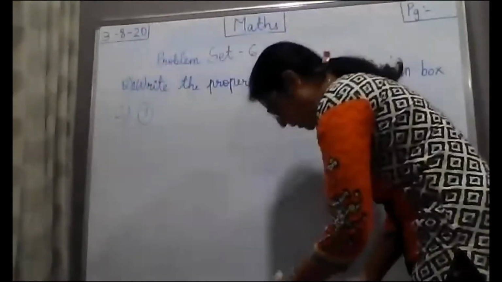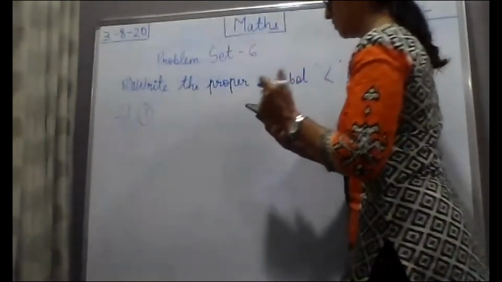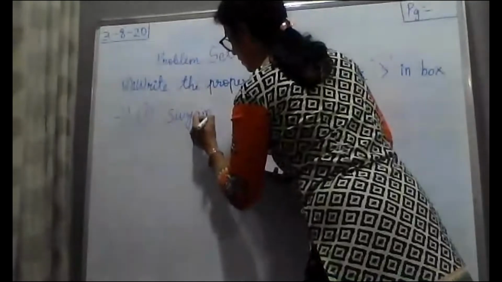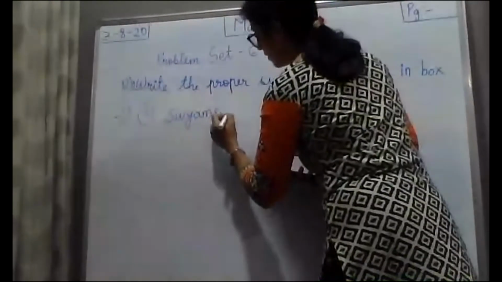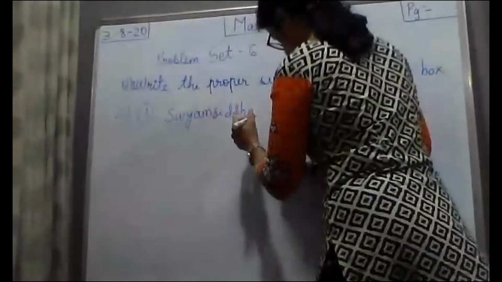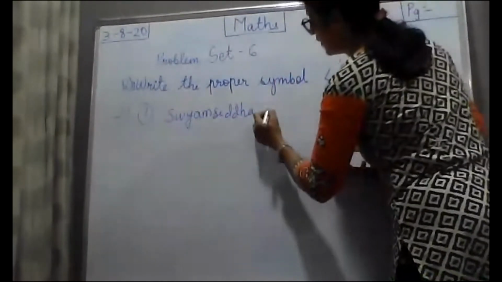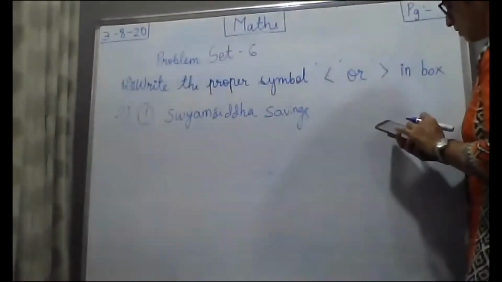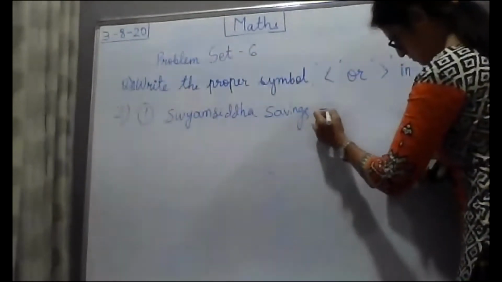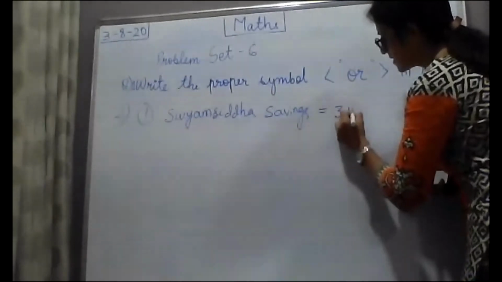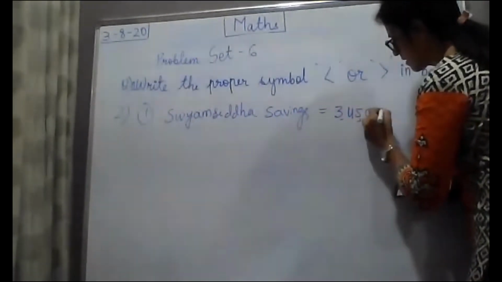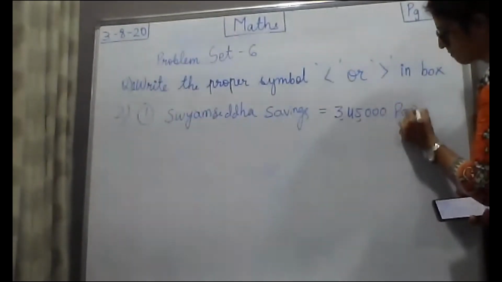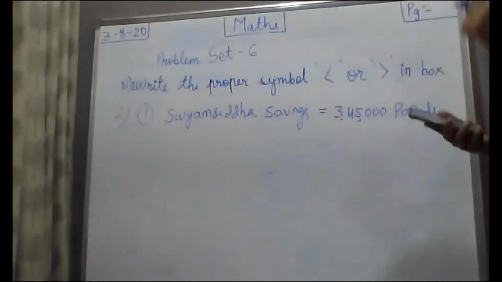Here, Swayam Siddha Savings Group: how much is it? 3,45,000 papads.